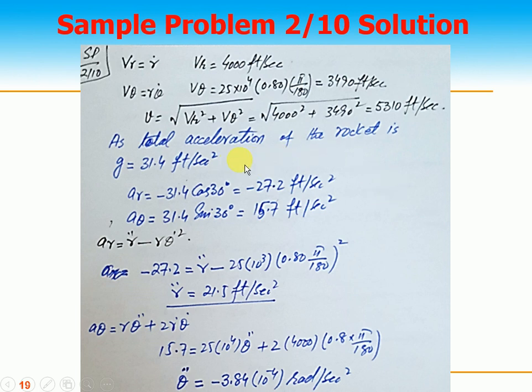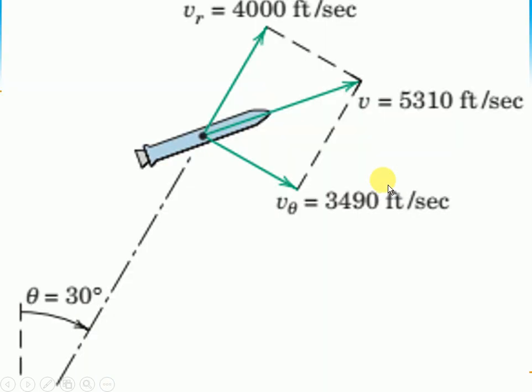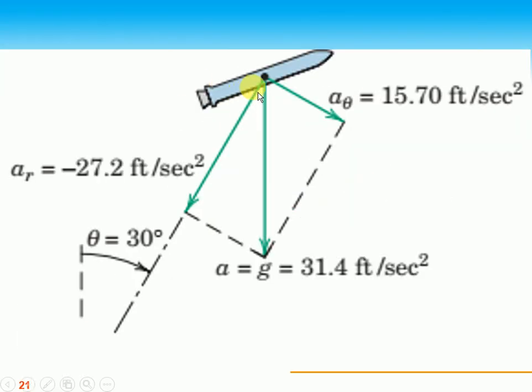The total acceleration of the rocket is g equal to 31.4. One component of this g is along theta and one component is along the radial direction.